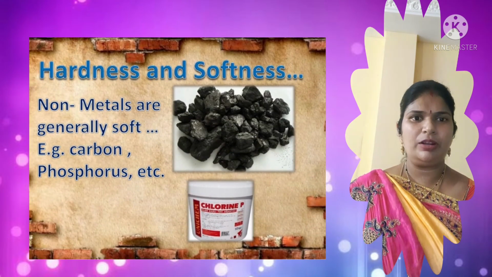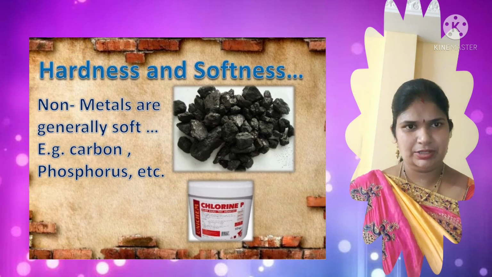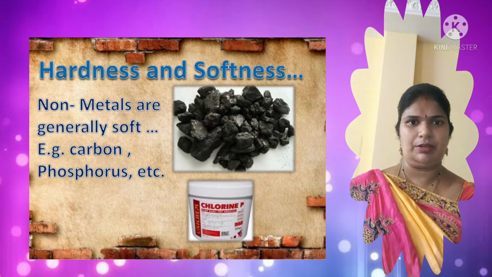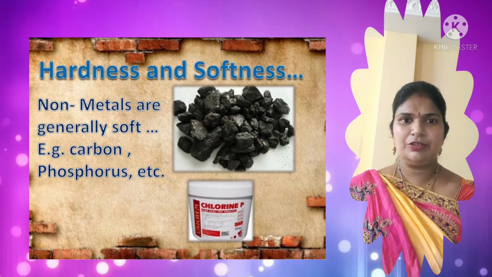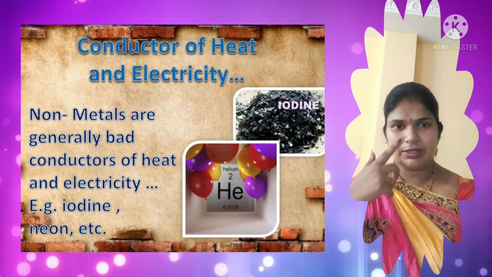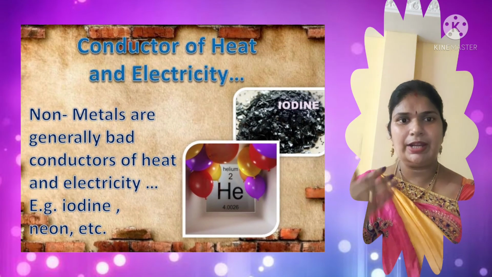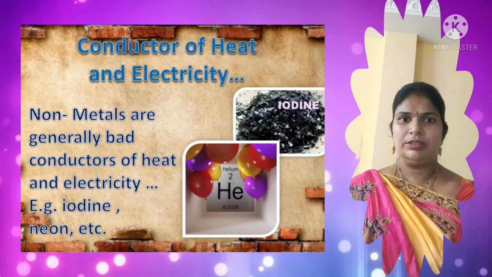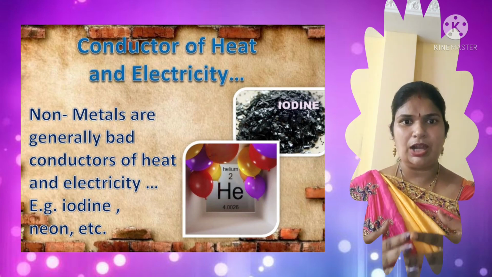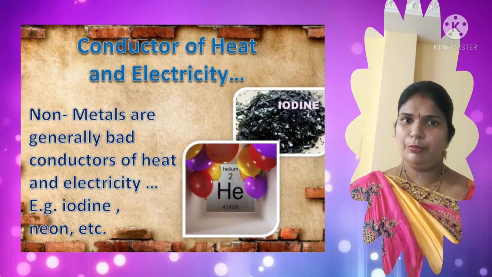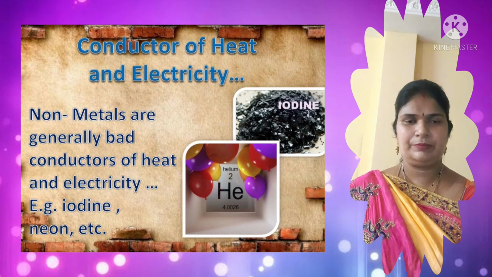Generally non-metals are soft in nature, like for example carbon, phosphorus, etc. Coming to conductor of heat and electricity, non-metals are generally bad conductors of heat and electricity, that is, they won't allow the heat or electricity to pass through them, like for example iodine, boron, etc.